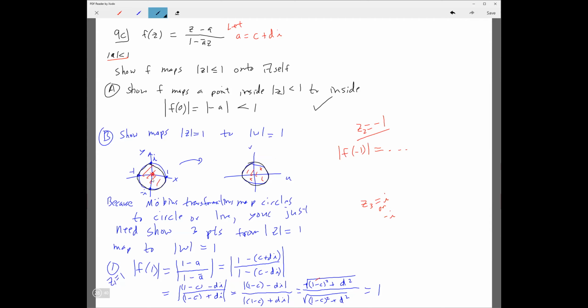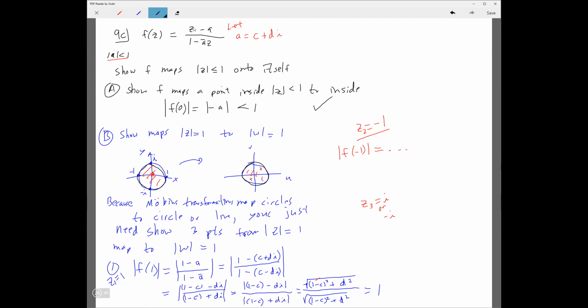If this maps to a line, is there any possibility that a line maps to it? A line can map to a circle, and a circle can map to a line under a Mobius transformation.